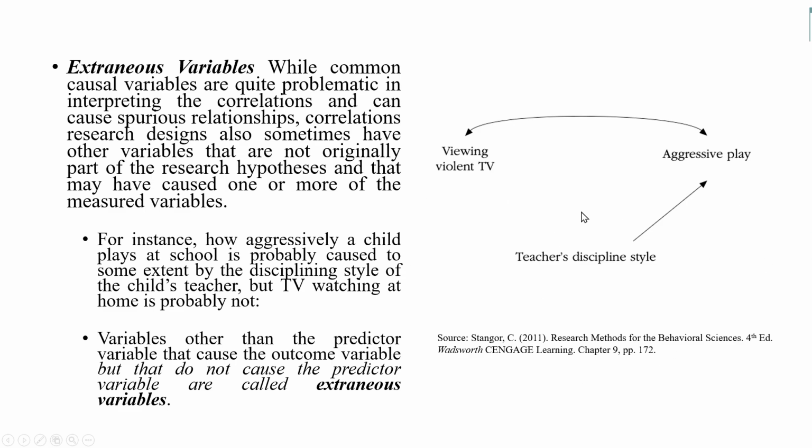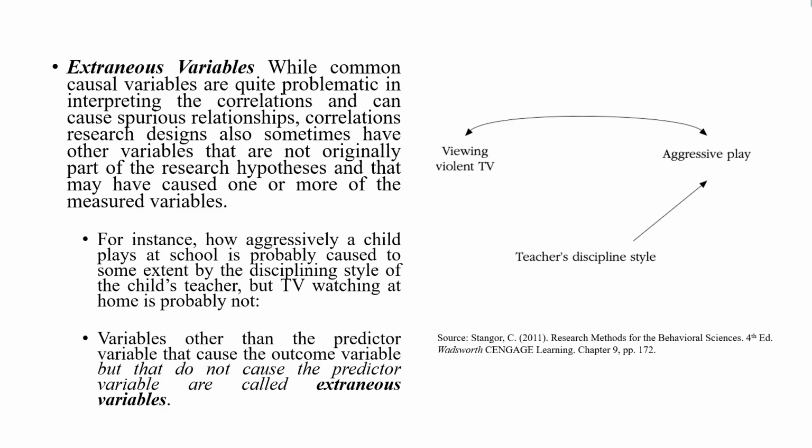If you are picking for this comparison children from different classrooms whose class teachers are different and have different behavioral profiles, maybe that is causing this effect. You have controlled for parental style, maybe getting 2 or 3 children from the same household, but these children are in different classrooms. So, you have controlled for parental disciplinary style, but not for teacher disciplinary style. Maybe that is leaking into the results that you are observing.